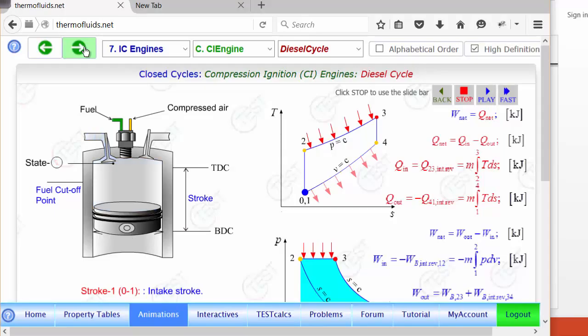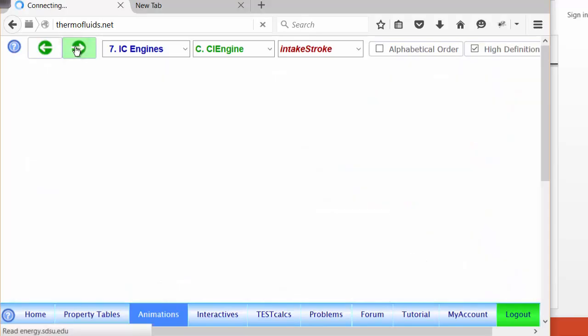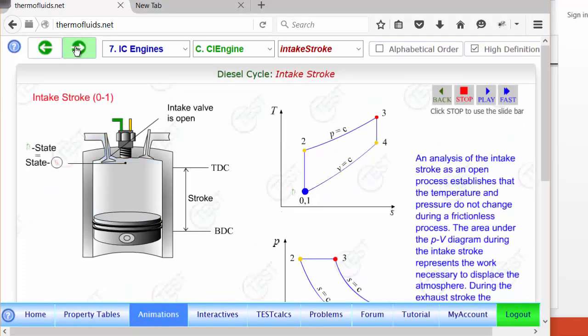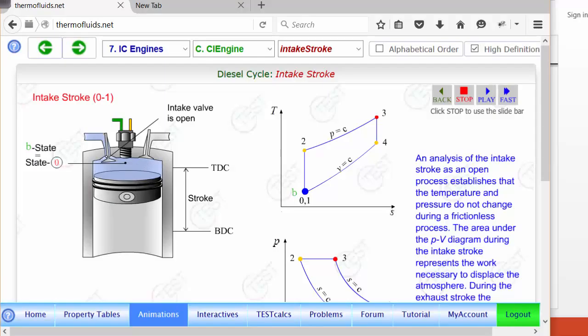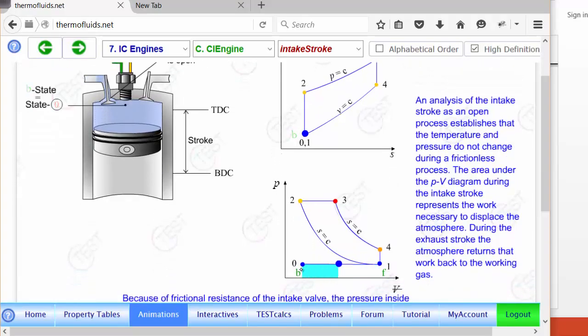So let's first go to the intake stroke. It is exactly the same as before. During the intake stroke, the intake valve is open and the piston goes from top dead center to bottom dead center, drawing in outside air. So in the PV diagram, the thermodynamic state doesn't change.